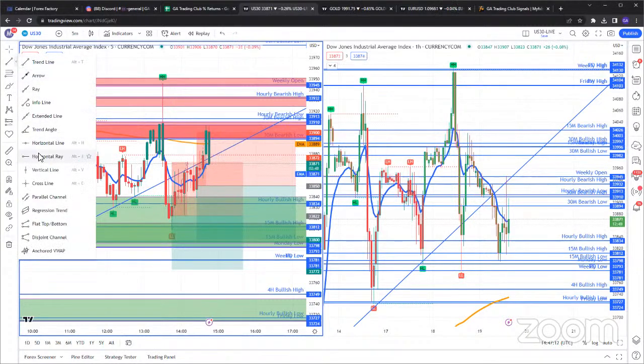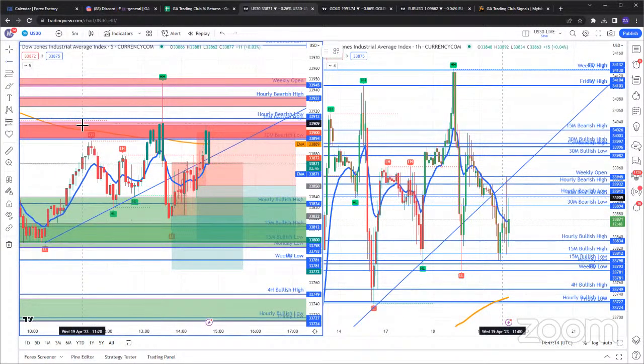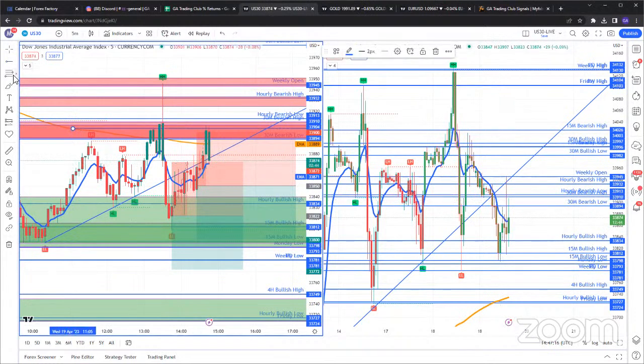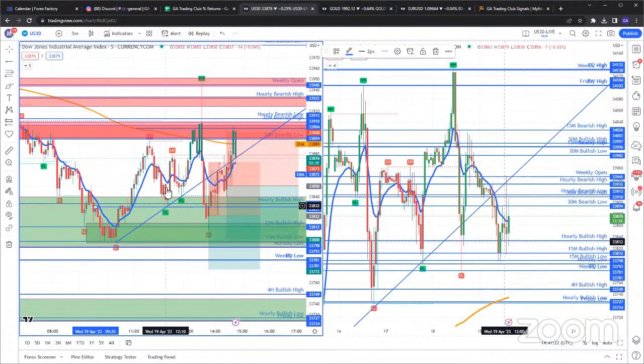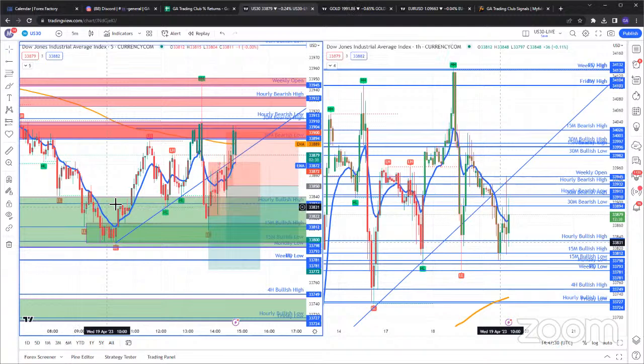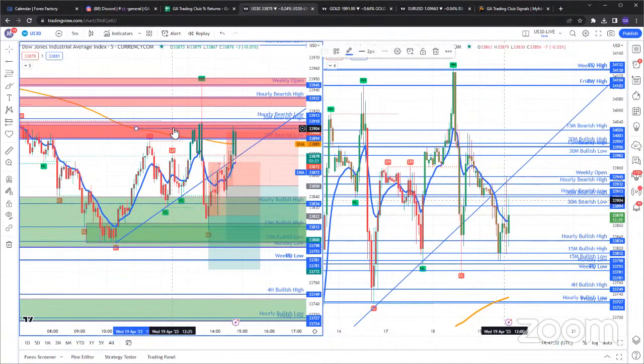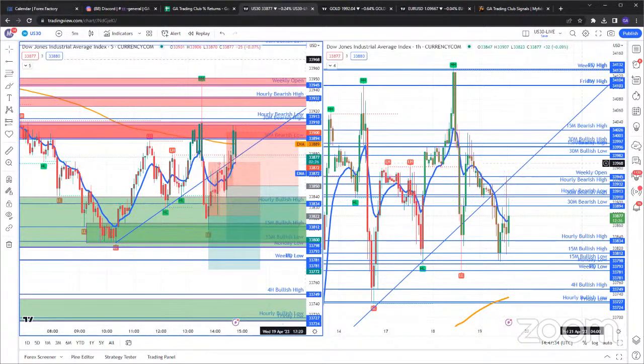For example, here this is resistance, in a supply zone within a supply zone, and right here we have demand down here. So you can easily buy here, sell here, buy here, sell here. But I just don't want to introduce too many of these things because sometimes they can lead to FOMO, especially if somebody doesn't know what they're doing.